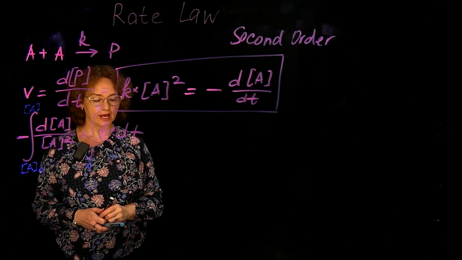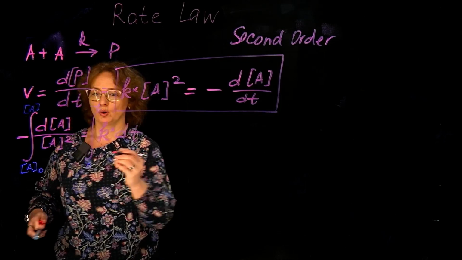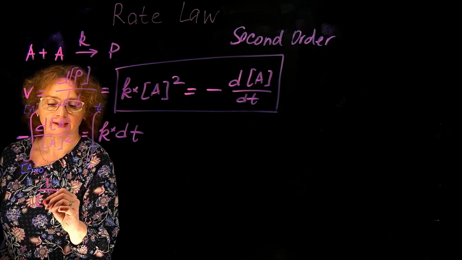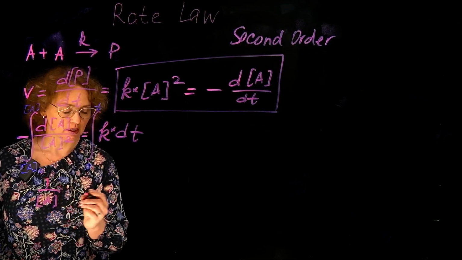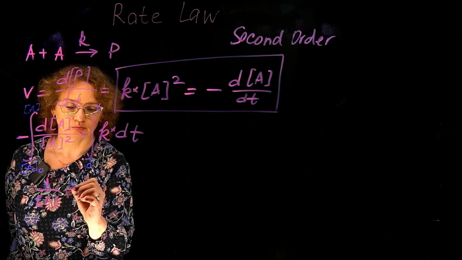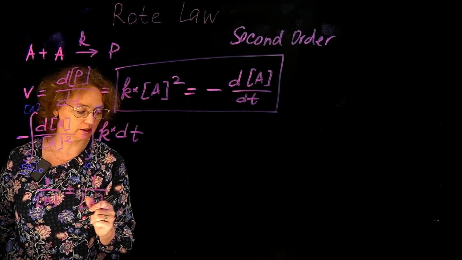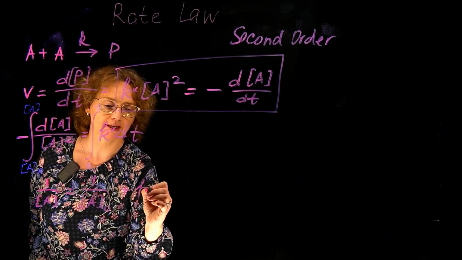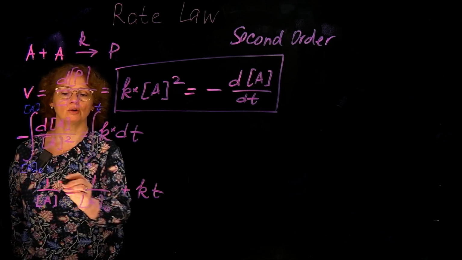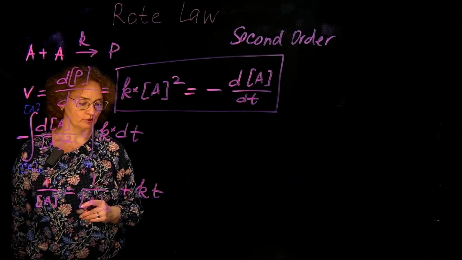And that will be equal to 1 over A, the concentration of the reactant, equal to 1 over the initial reactant concentration plus Kt. So this is our second order rate law.